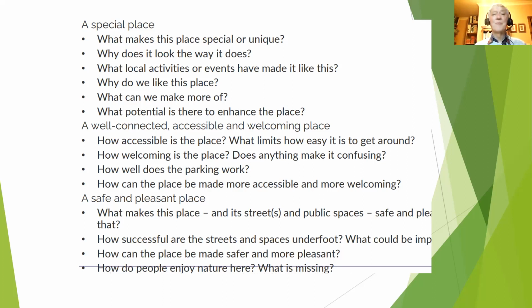And they said, you can either go around the place and answer these questions for yourself, or you can make these a basis of a questionnaire to go around and ask other people. So you can find out just exactly what the place is like. And having found out what the place is like and what you think it's like, or what its inhabitants think it's like, you can then suggest how it can be made more special, more accessible and welcoming, safer and pleasanter.